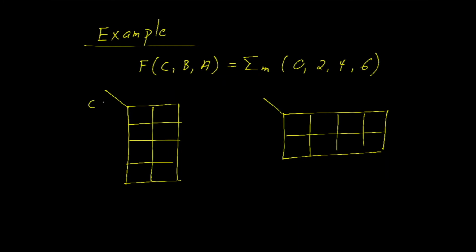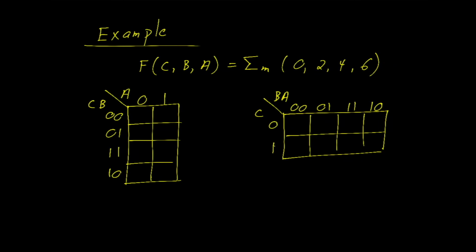For the one on the left, inputs C, B, with A running on the top. For the right, it's input C with B, A running across the top. CB on the left can take numbers 0, 0, 0, 1, 1, 1, 1, 0, with A being 0 or 1. Here, BA can take on values 0, 0, 0, 1, 1, 1, 1, 0, with C taking on values 0 or 1.